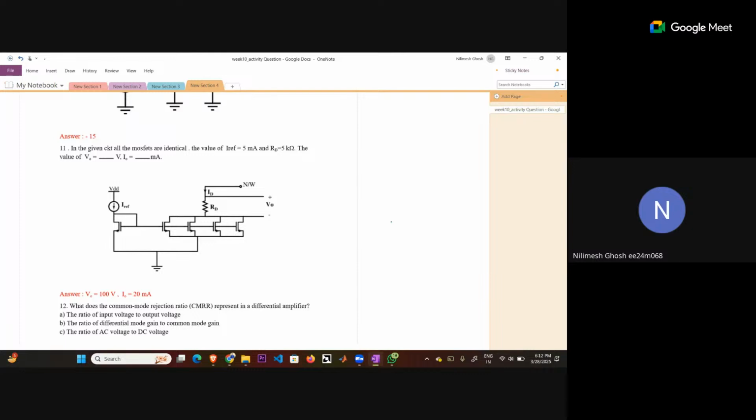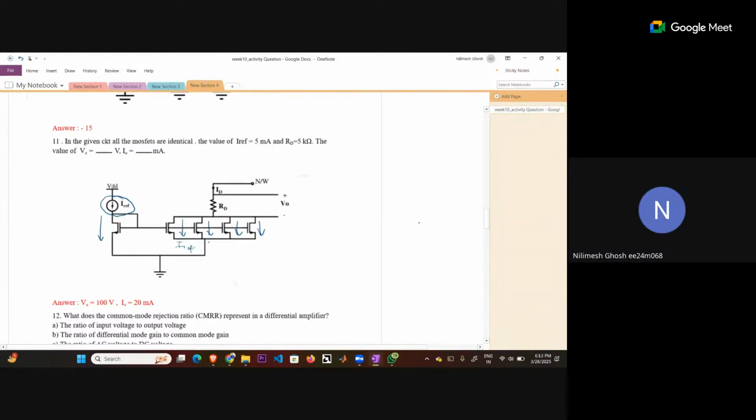So whatever be the current here, this current will be mirrored here. Now here I have given in this series the MOS are identical. All MOSs being identical means whatever IREF is, this whole IREF will be copied here, and here. These all four MOS will carry the same current. So if all four MOS carry the same current, then this is IREF, this is also IREF, this is also IREF, and this is also IREF.